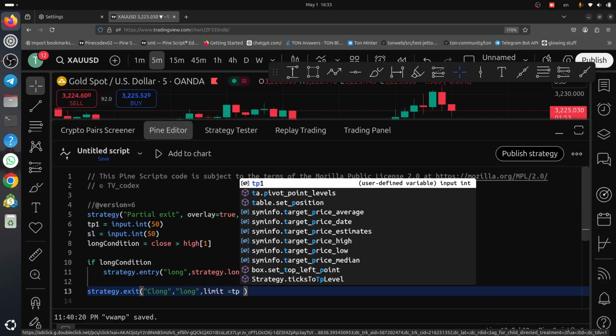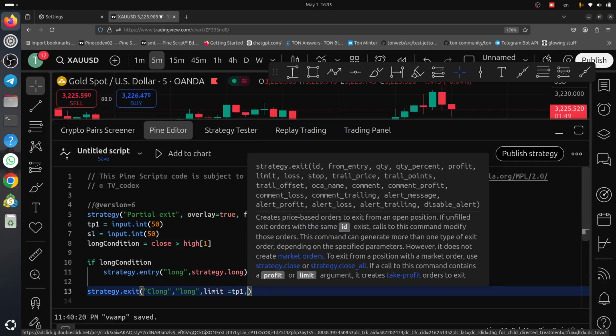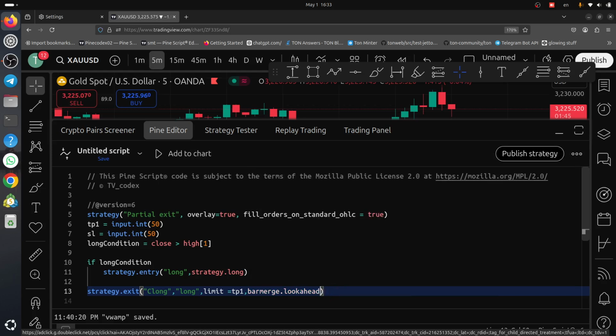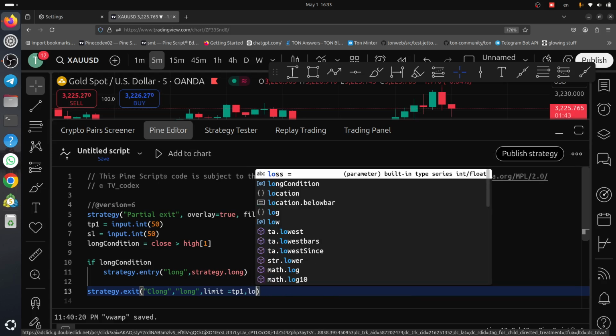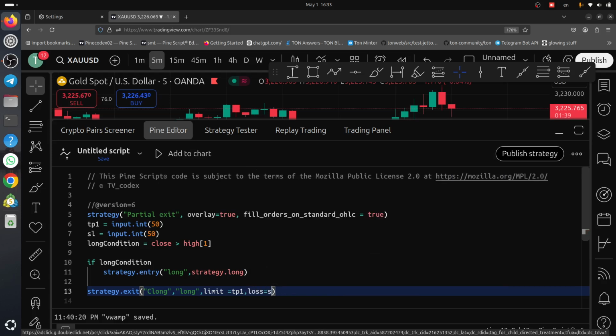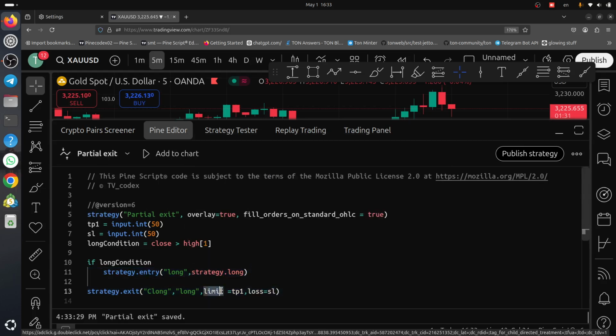So here TP1 and here limit and loss. Okay, this is based on points, not on price. If we want price here, we should write profit.